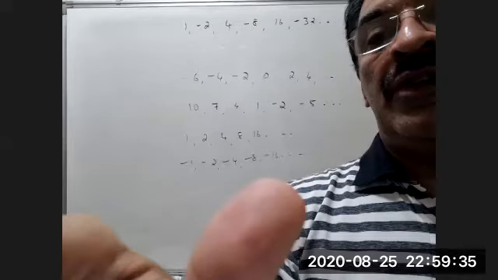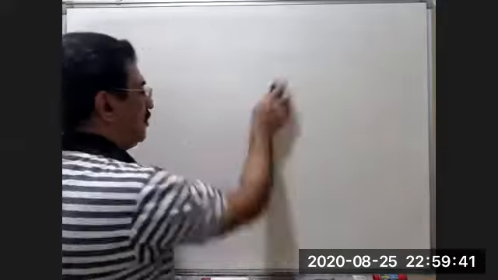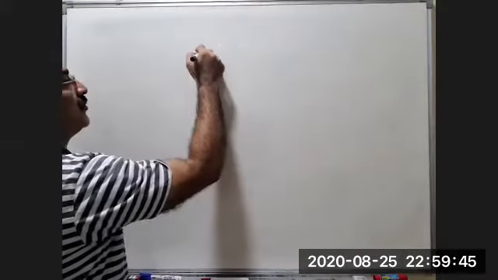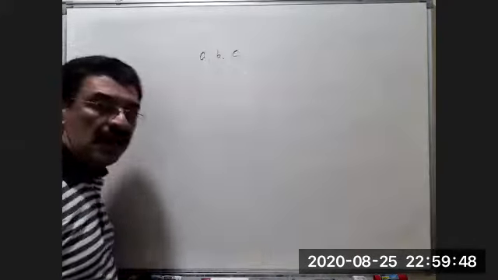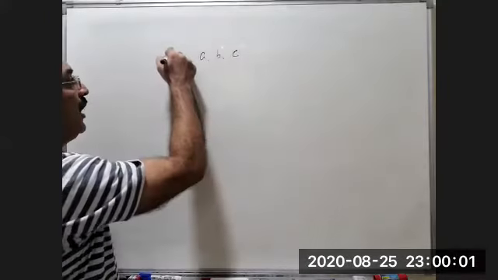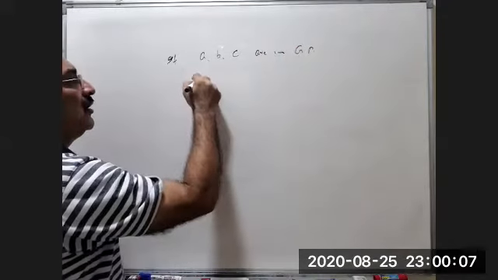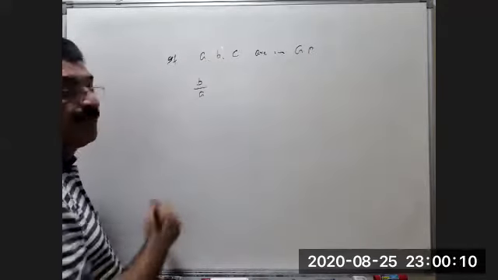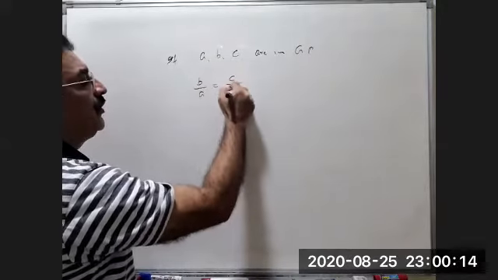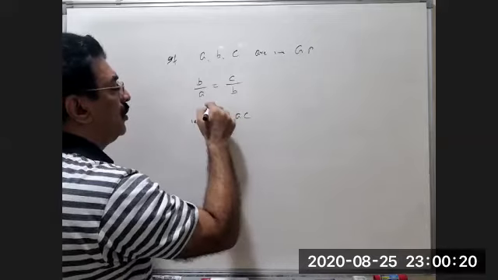Now, similarly, taking 3 terms, we know that if A, B, C are in AP, we learned 2B is equal to A plus C. Whereas if A, B, C are in GP, then the common ratio B by A, second term divided by first term, is same as third term divided by second term, that is B squared is equal to AC.